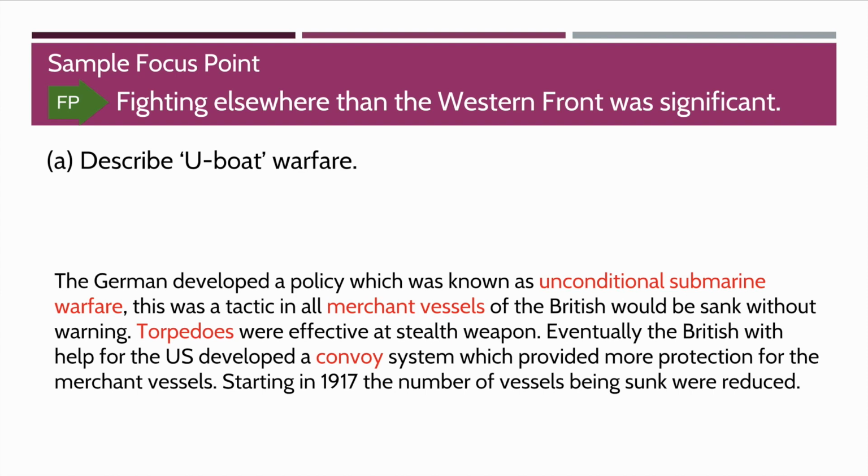Eventually, the British, with the help of the US, developed a convoy system which provided more protection for the merchant vessels. Starting in 1917, the number of vessels being sunk were reduced. So this whole paragraph supports the details related to tactics.